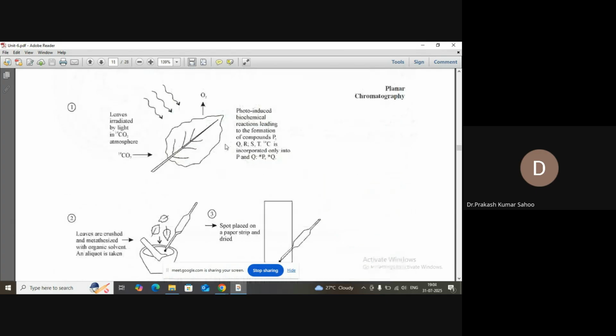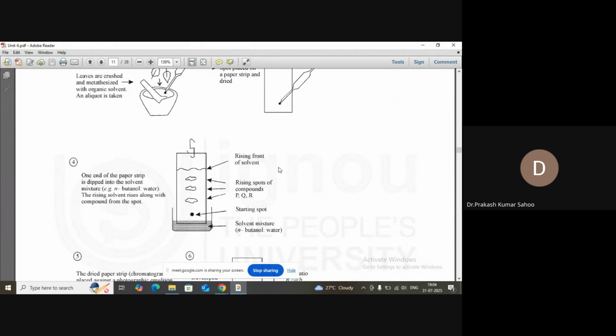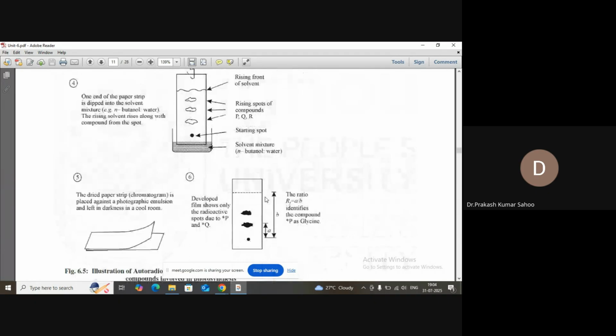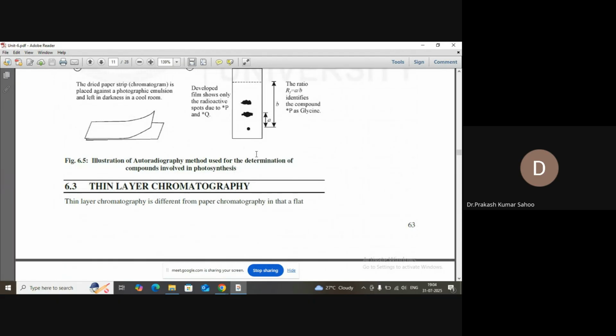So this is how a leaf under the sunlight emits carbon-14 carbon dioxide, which is radioactive, and under a chromatogram experiment this can be easily obtained. Just see here a reference sample with three different spots like P, Q, R, with the solvent used, ethanol and water, and these are the distances traveled by the solute as well as the solvent. So this is about paper chromatography.